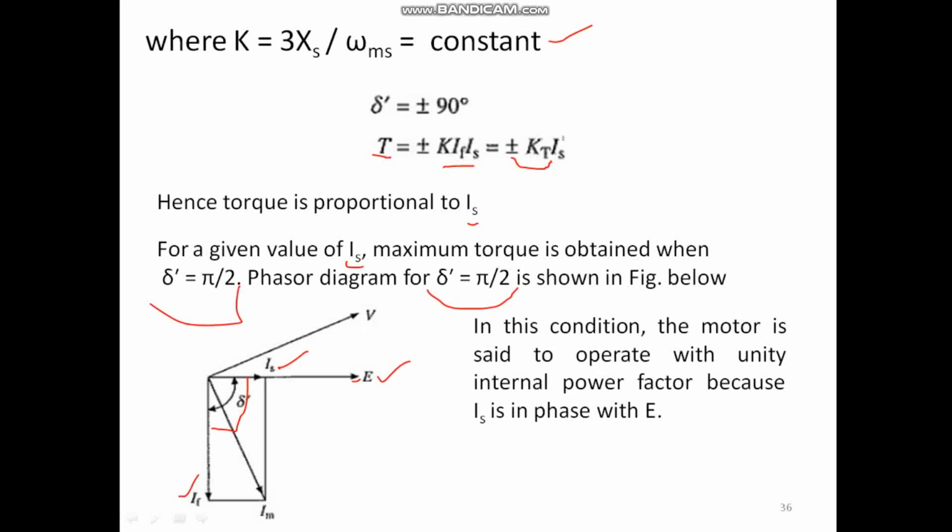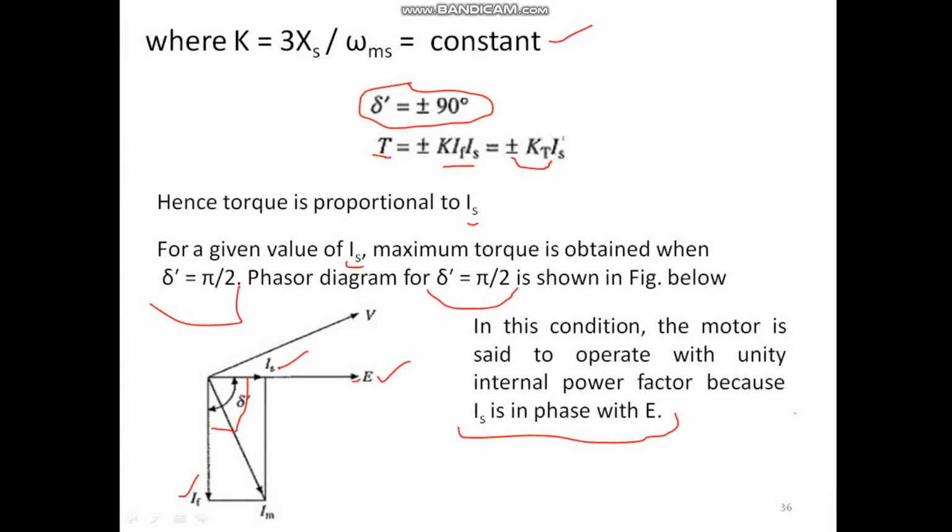So that's what it is written here. In this condition the motor is said to operate with unity power factor because IS is in phase with E, right? So with this you understand, we get the power factor as unity when I get delta dash as plus or minus 90 degree, right?